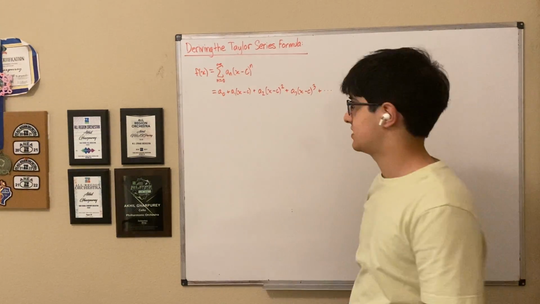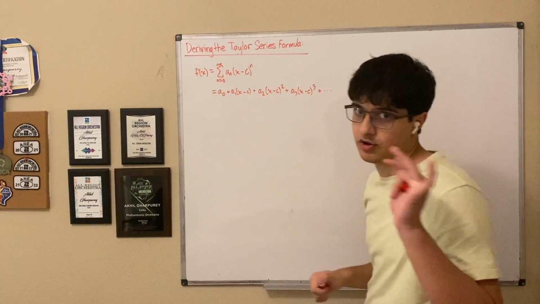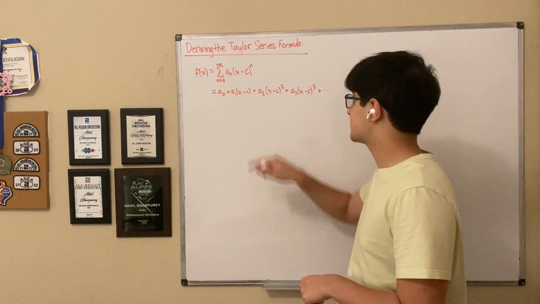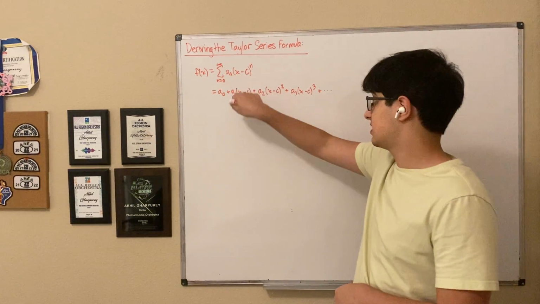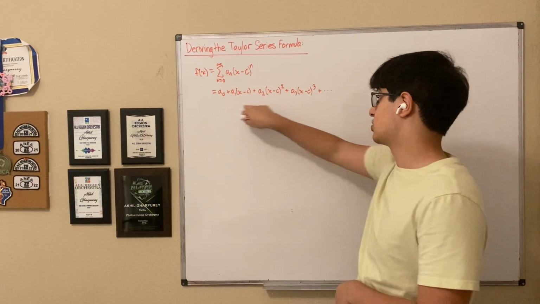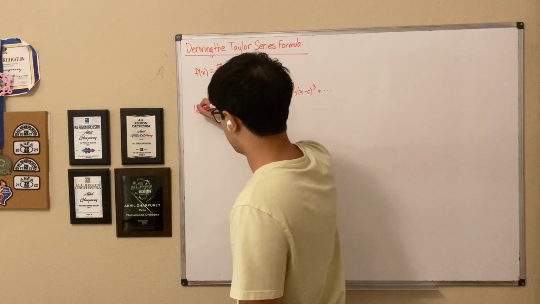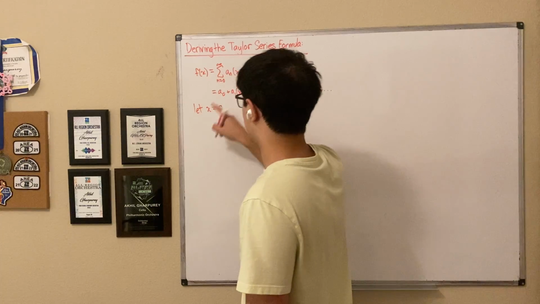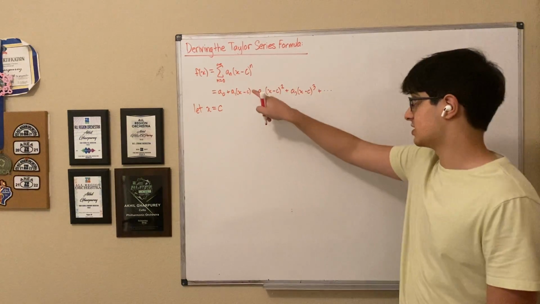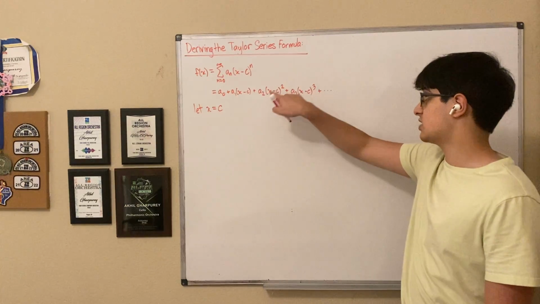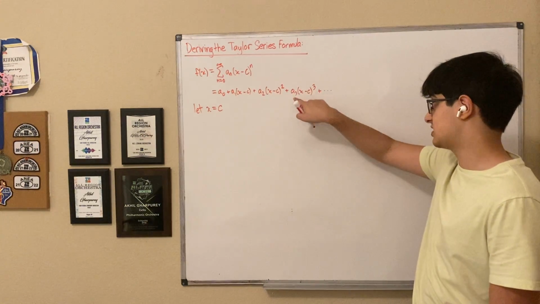And I should clarify what I said, because sometimes there will be cases where this doesn't apply for all x. But for all x near the center point, this formula will work. So we can just let x be the center point. Let x equals c. As a result, we get c minus c, which is 0, plus a sub 2 times 0 again, plus a sub 3 times 0.